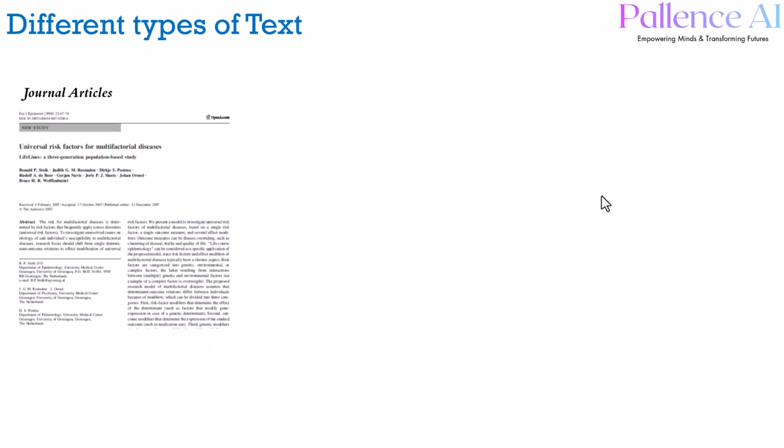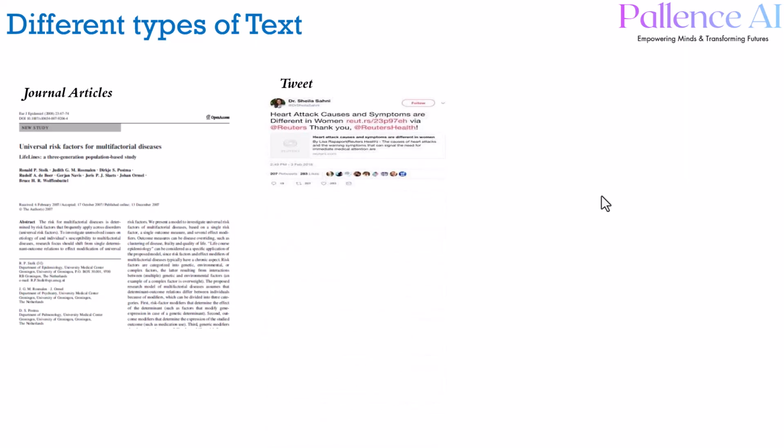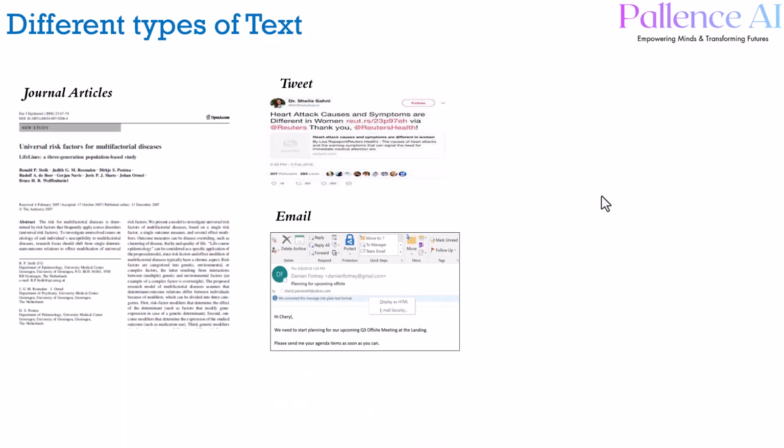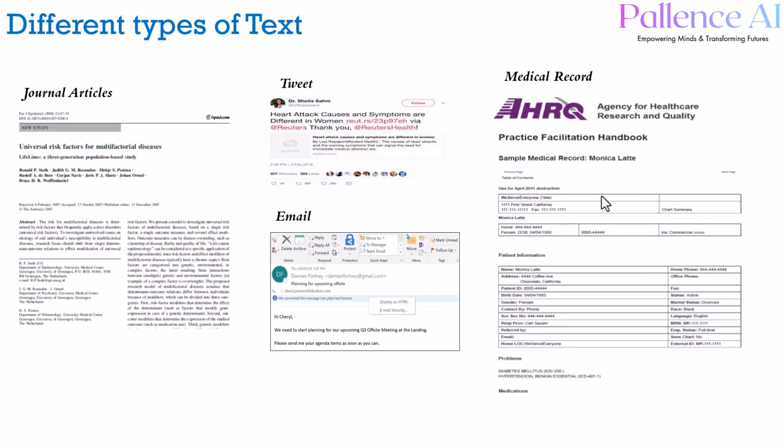Let's jump in. So let's quickly see the different types of text that we can encounter. Depending upon the problem you're trying to deal with, maybe the data you have is related to journal articles, or maybe it's simple tweets, or maybe it's emails, or product reviews, or medical records.